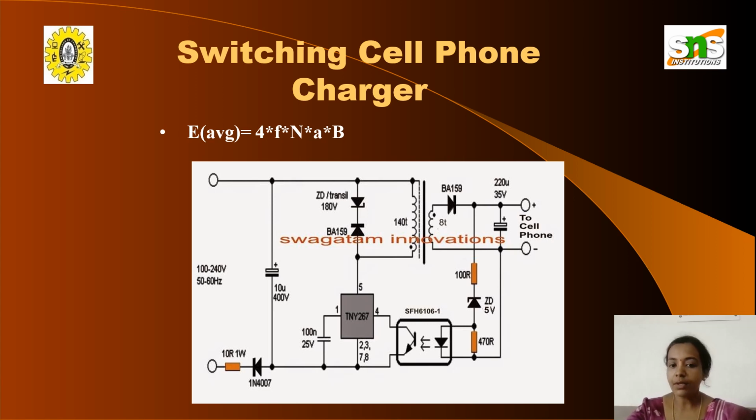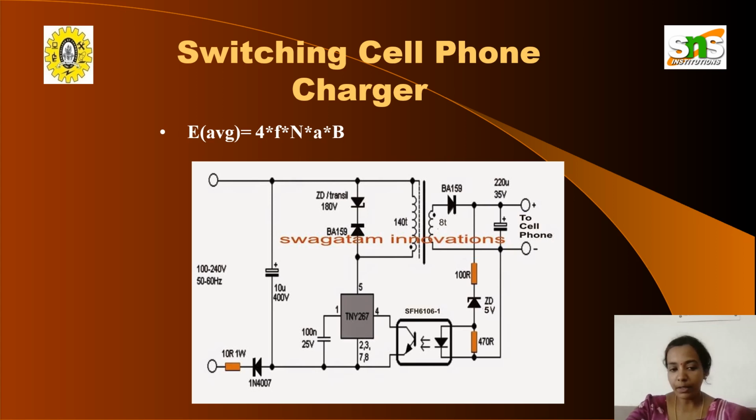We have a transformer, a primary transformer, which is then connected to the cell phone charger. This also is a best example of embedded system design, and inside the charger we will have this kind of circuit or design.